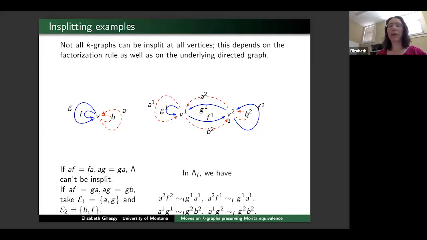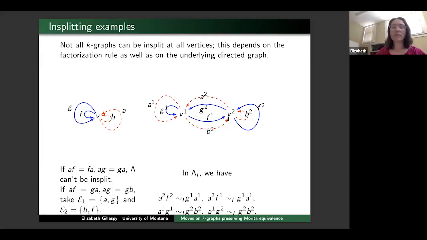Whether its range is V1 or V2 depends on whether it was in the set E1 or the set E2. The E1 edges are all going to have range V1, so you see that the A1, G1, and the A2, G2 have range V1. And the E2 edges, the B and the Fs, are all going to have range V2. And so now we need to figure out what the factorization is.